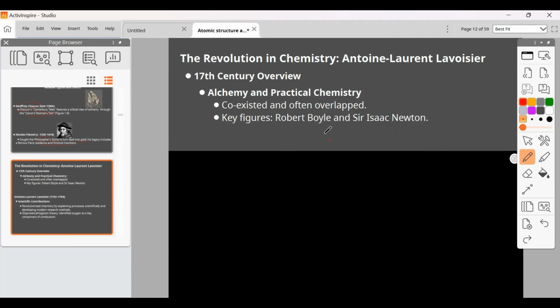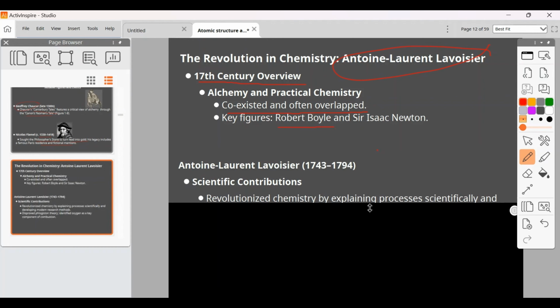Revolution in chemistry, and this was credited to the father of chemistry, Antoine Lavoisier, in the 18th century. Alchemy and practical chemistry coexisted and often overlapped. The key figures here: Robert Boyle and Sir Isaac Newton.